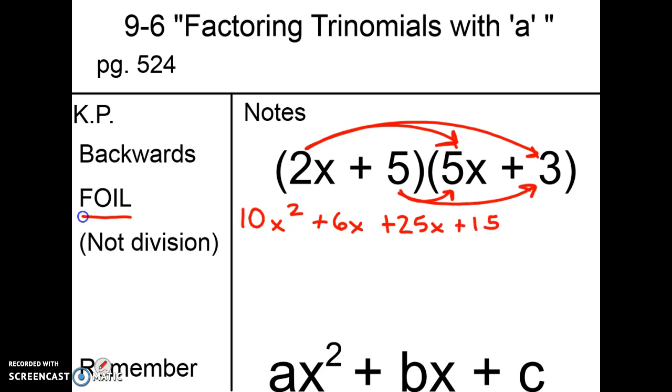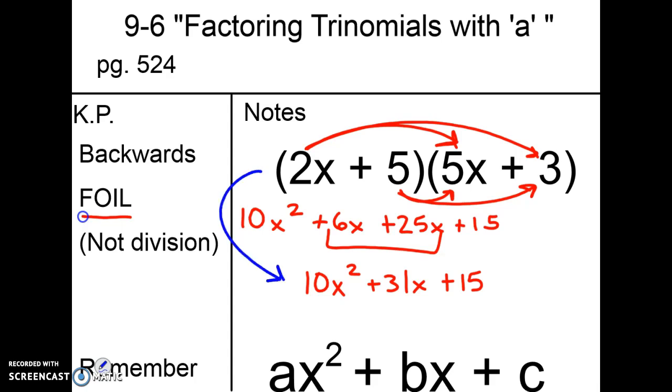Then we would combine those middle two to come up with 10x squared plus 31x plus 15. So this direction is obviously multiplying binomials, and that has been a skill that we've been practicing quite a bit lately.